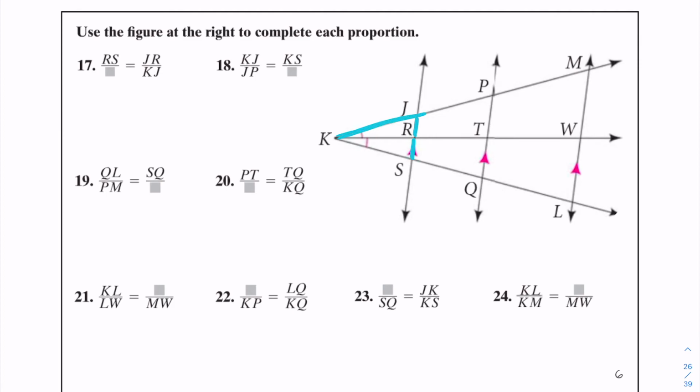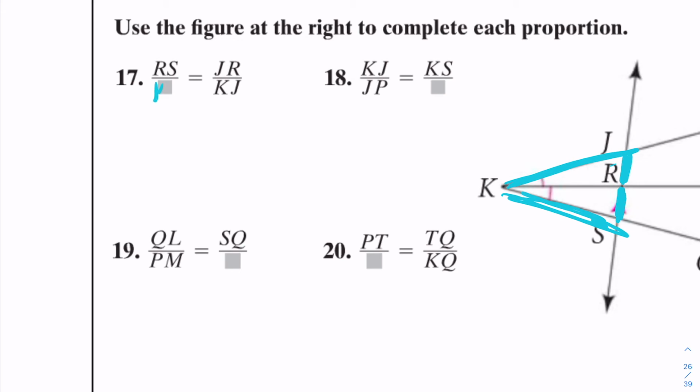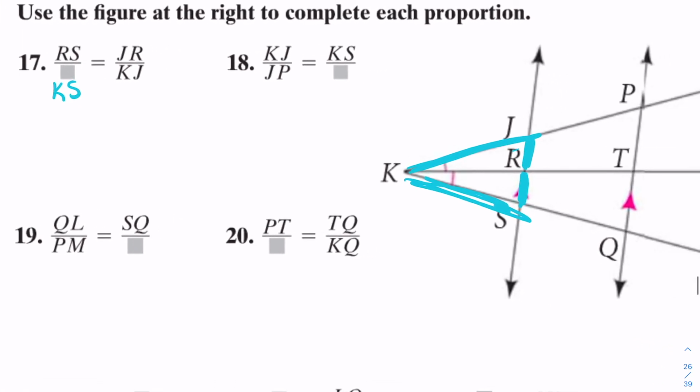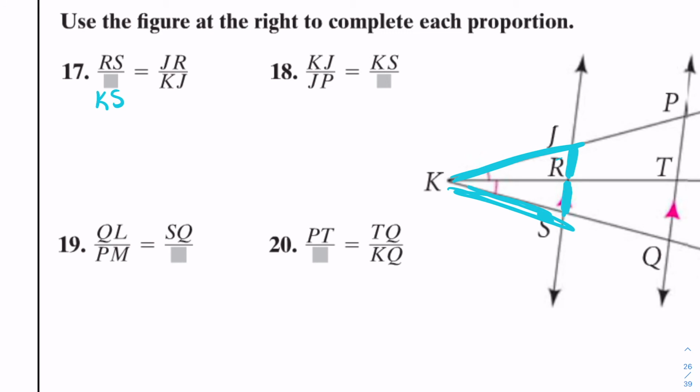So we used KJ, we used JR, we're using RS, so we have to use KS, but it has to go in the same way as KJ, so we'll say KS for this one. So we did RS is to KS as JR is to KJ. They go a little bit out of order, but that's all right. We'll just try to stick with the order.